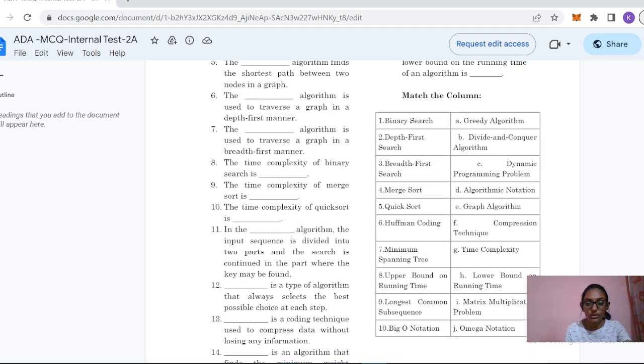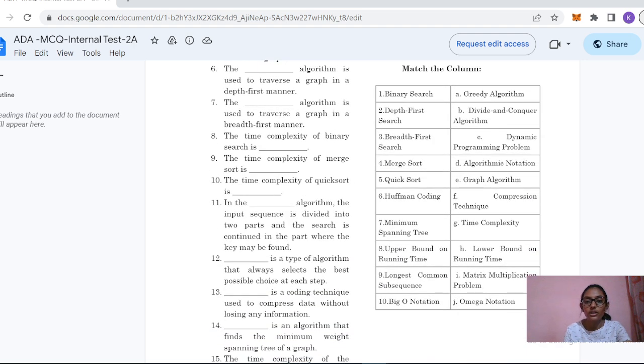omega notation. Here, the third question is match the column. Here we have to match the first column to the second column. First, binary search can be matched to option B, that is divide and conquer algorithm. In binary search we divide the whole array into two parts.